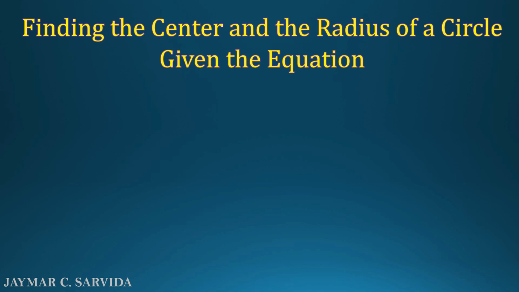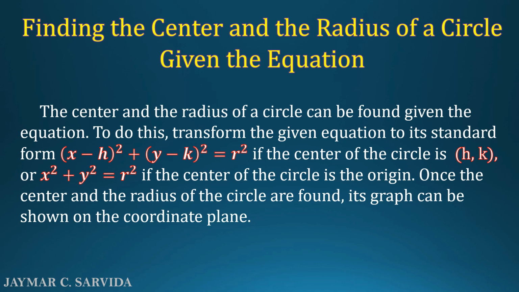Finding the center and the radius of a circle given the equation. The center and the radius of a circle can be found given the equation. To do this, transform the given equation to its standard form.